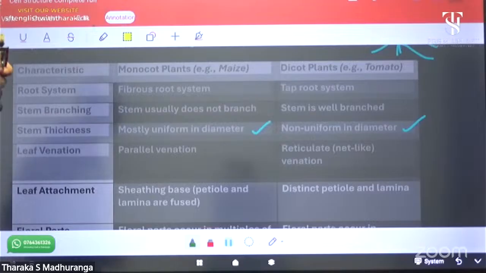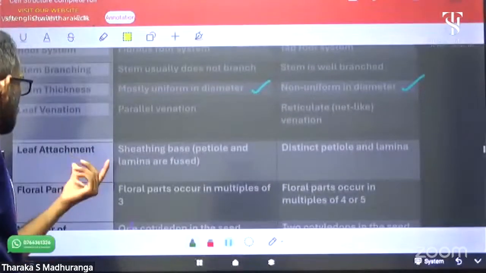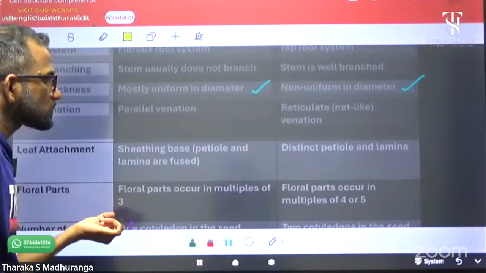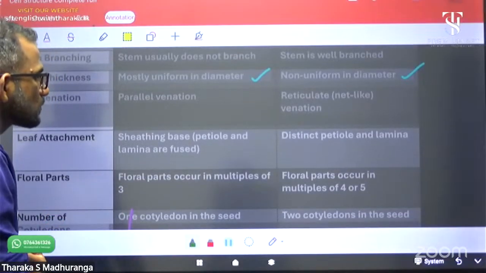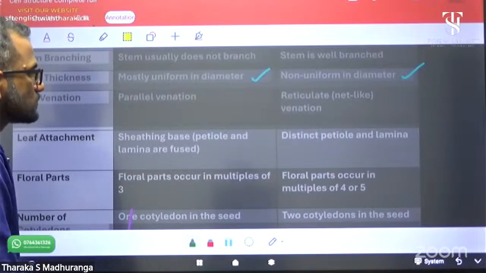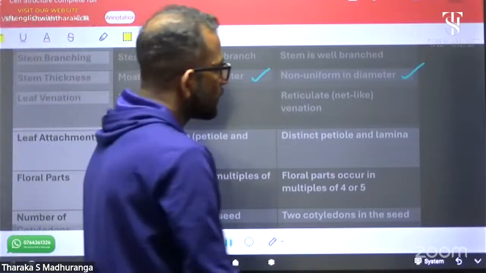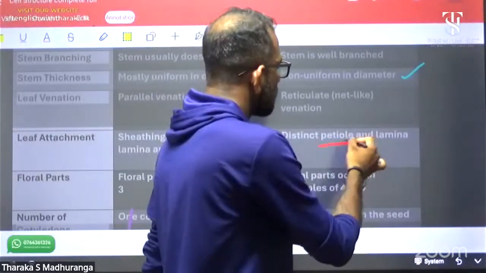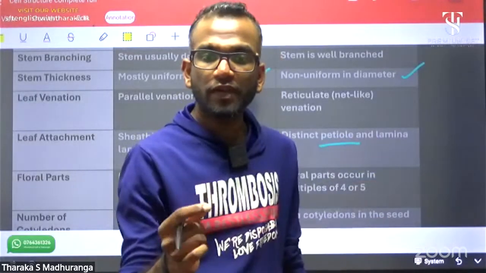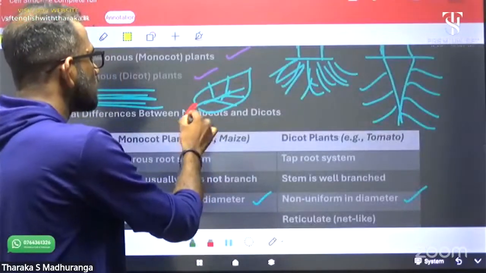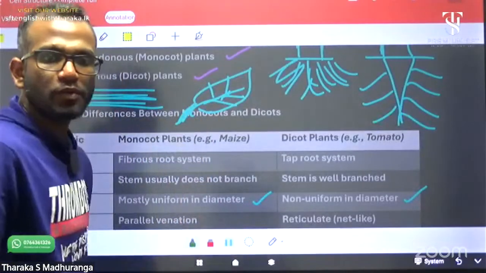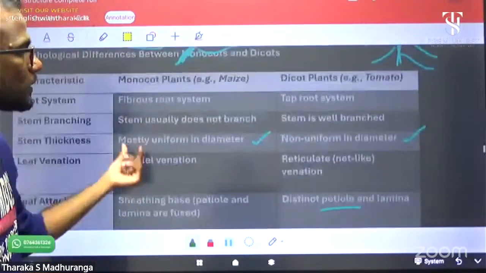Okay, leaf attachment. For leaf attachment there is a petiole. Petiole means like this, that we call petiole. But monocotyledons have no petiole.